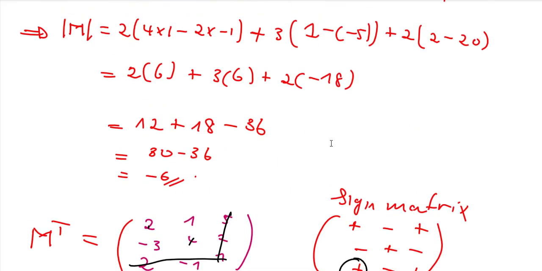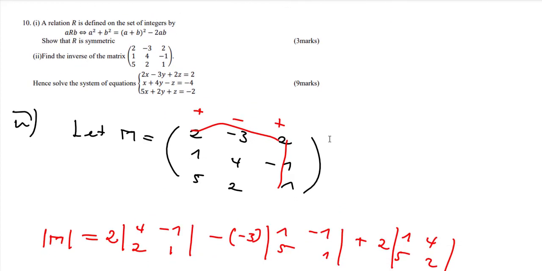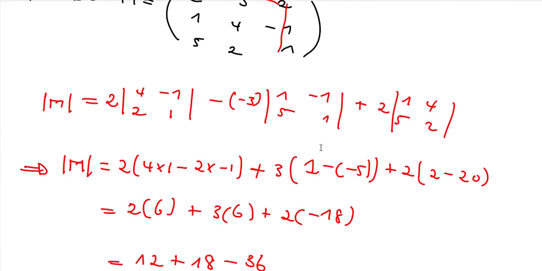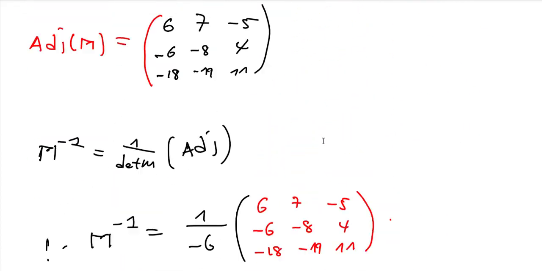Okay, now we go to the next part, which says we should hence solve the system of equations 2x minus 3y plus 2z equal to 2, x plus 4y minus z equal to negative 4, and 5x plus 2y plus z equal to negative 2. So we'll write that down.